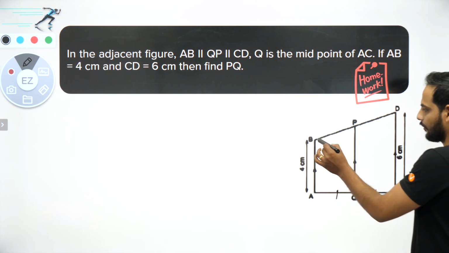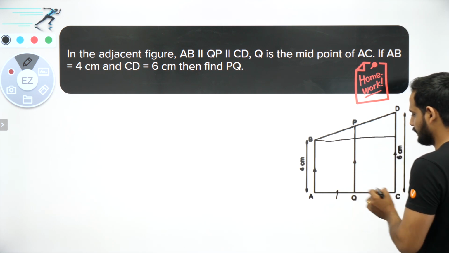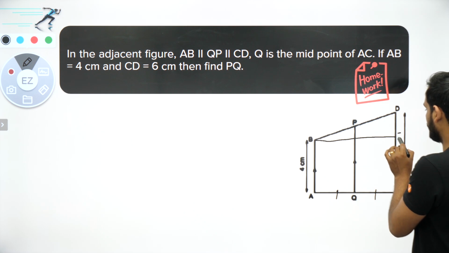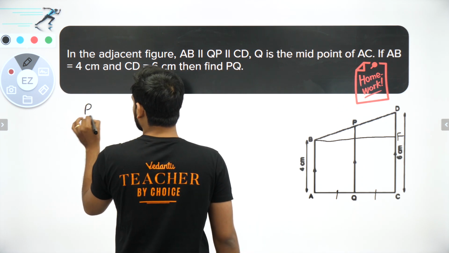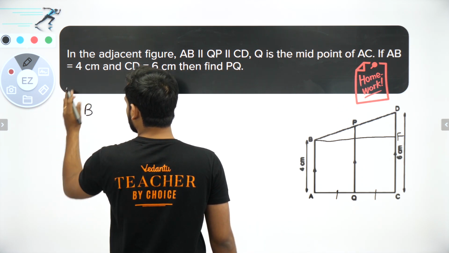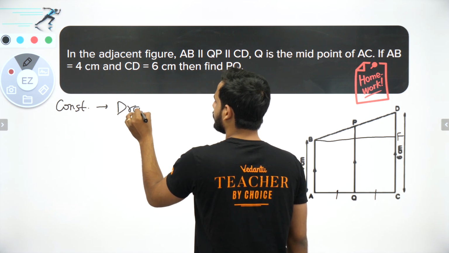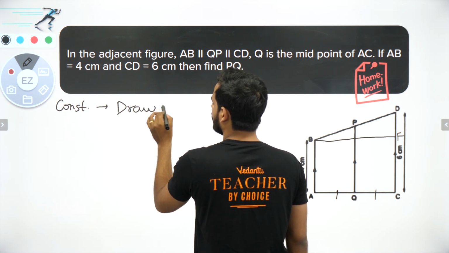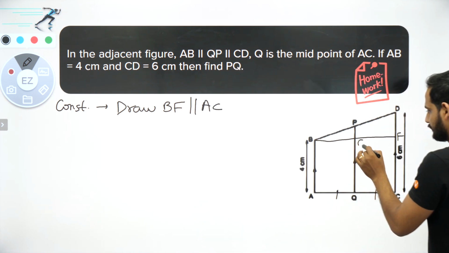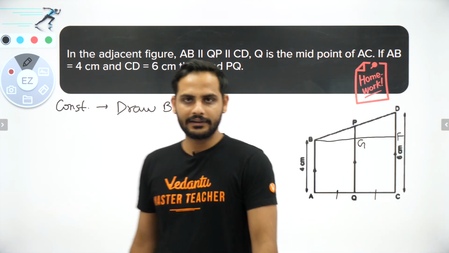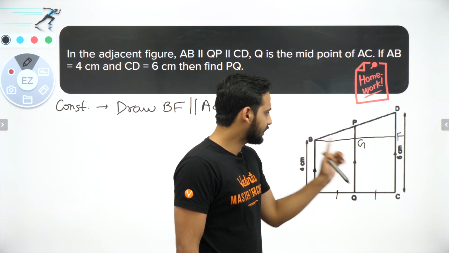Now what I'll do is draw a line from B which is parallel to AC. Let us say this point is F. So one construction which we are doing is to draw BF parallel to AC, and let us say this point is G. Once we have drawn this line, you can see that AB is parallel to CF, and AC is parallel to BF.